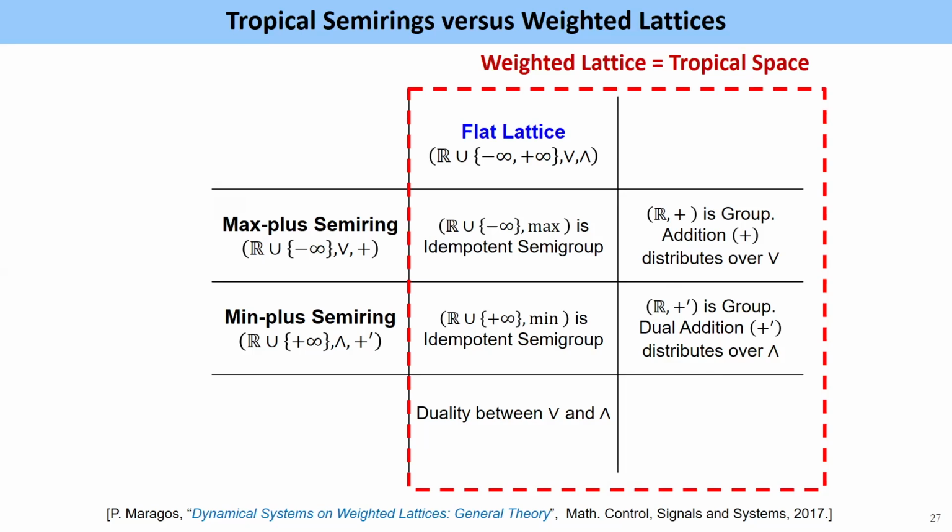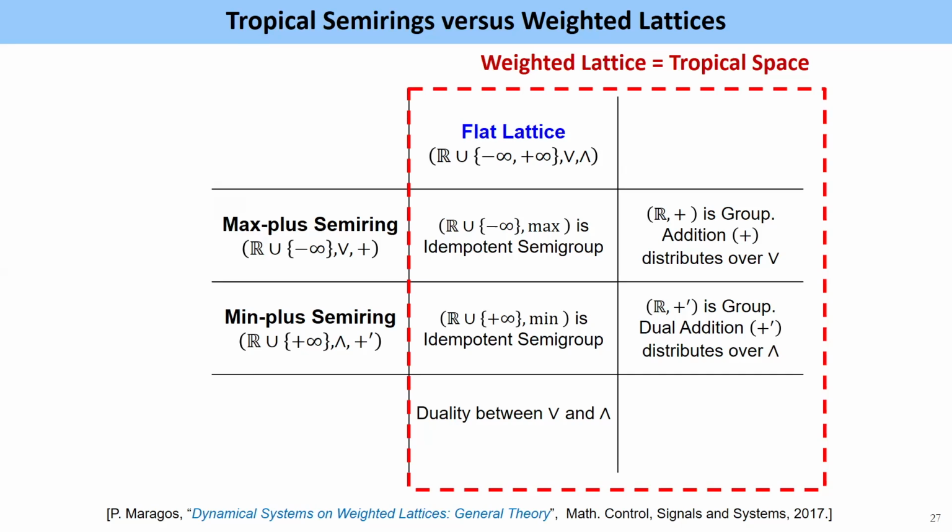Now, there are two views of these nonlinear operations and the spaces created by them. There is the view of semirings, where we have the max plus semiring, with two operations. The first operation, the max, is only an idempotent semigroup.